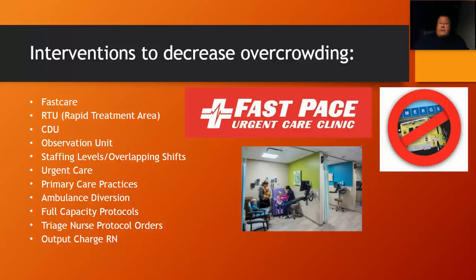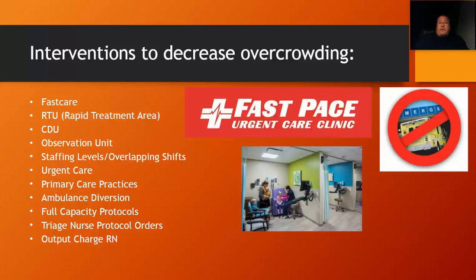Full capacity protocols are protocols that are implemented when the inpatient side is having difficulty, where they're at full capacity with beds and they need to get patients discharged and open up beds that are typically not open. Triage nurse protocols.